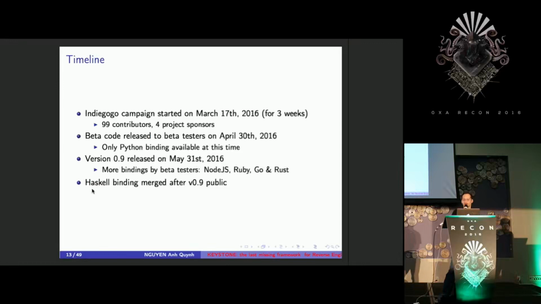And I released a beta code to some beta testers at the end of April. At that time, I had only the Python binding. And at the end of May, I released the first version to the public, and the beta testers contributed a lot. They helped to build a few more bindings. So we have bindings for Node.js, Ruby, Go, Rust, and Haskell recently. So in total we have 6 bindings for Keystone now.